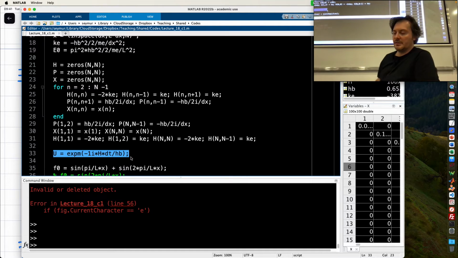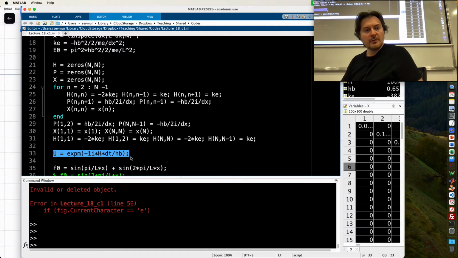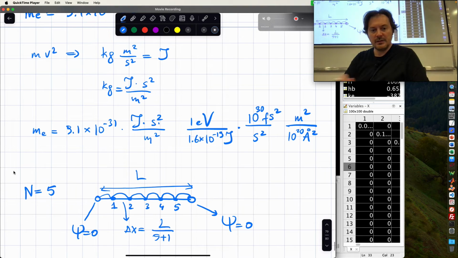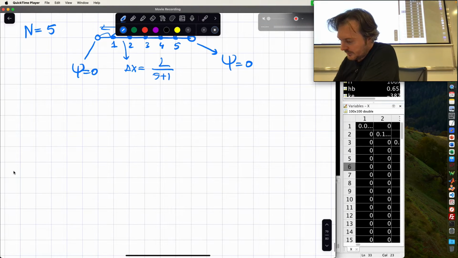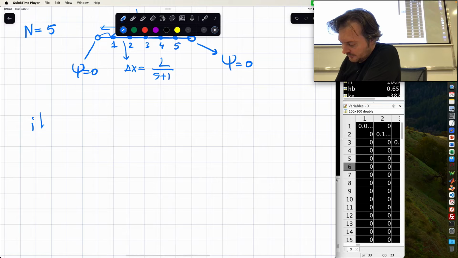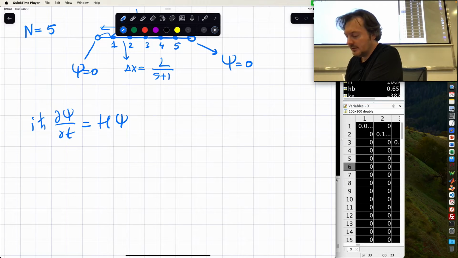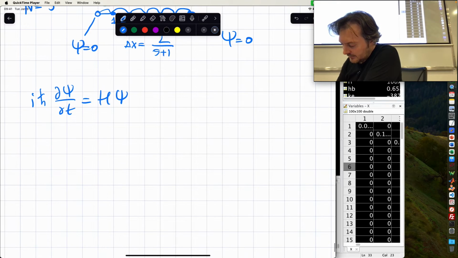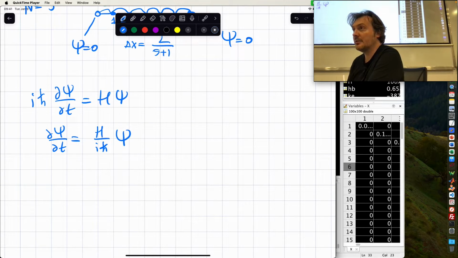Let me explain what that one is doing. This is my Schrödinger equation, right? i h bar del psi over del t equals H psi. I can write it like this: del psi over del t is equal to H over i h bar psi. So far, so good?